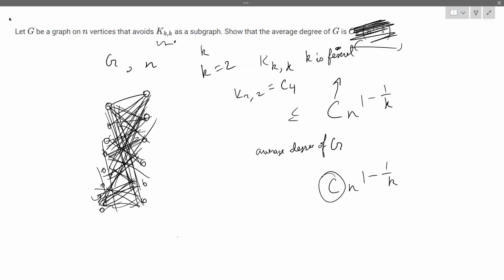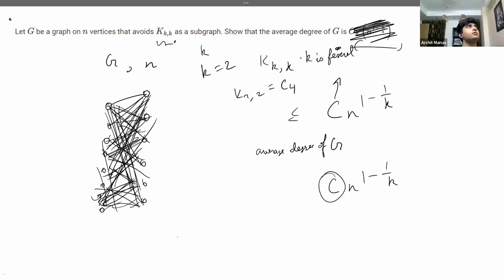Looking at the number of odd cycles. Well, not quite. Odd cycles will in fact not be useful because K comma K doesn't have any of them. Coloring it, maybe we can try.